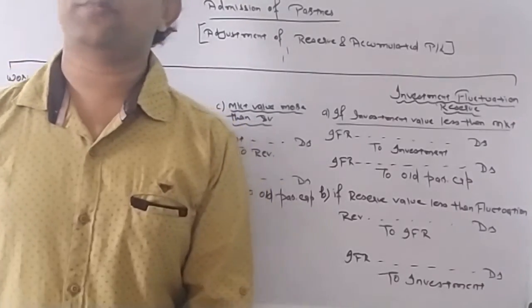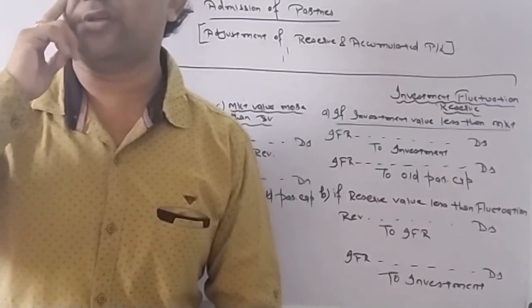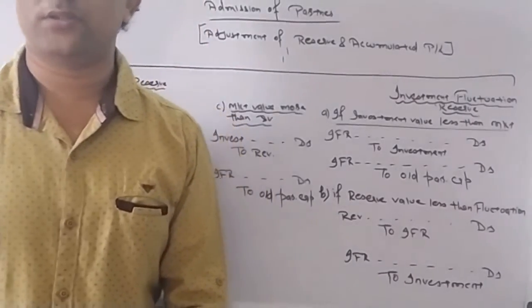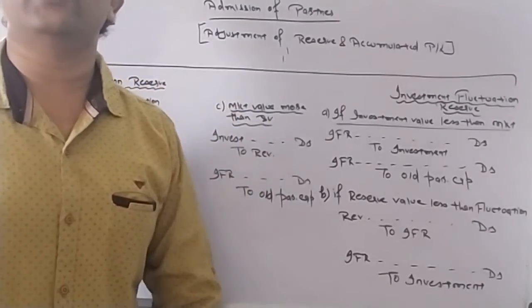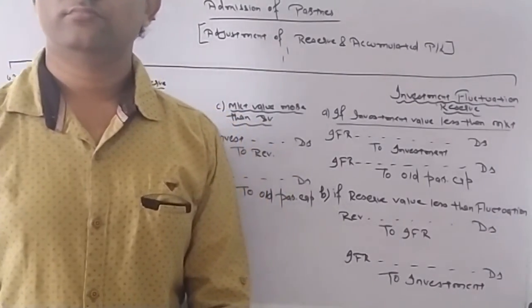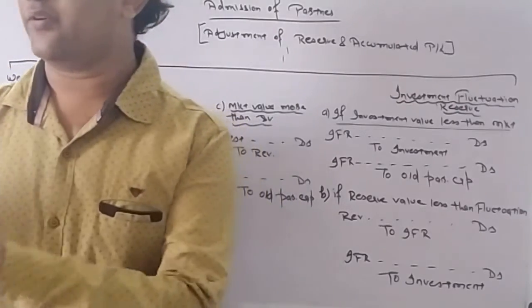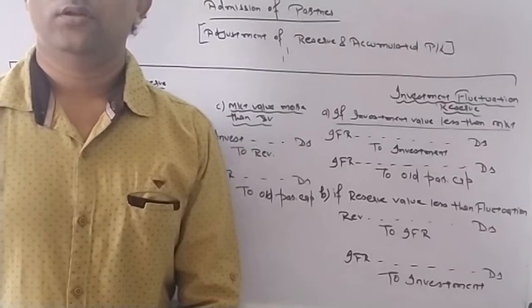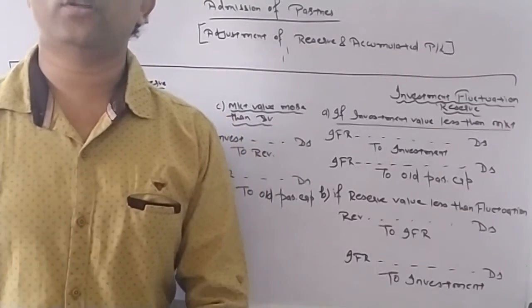But if the market value of the investment is also given in the question, your book value of the investment is 15,000, and the question is giving you the market value of the investment. Let's say the market value is 12,000. I have a reserve of 5,000. My book value of the investment is 15,000 and the market value is 12,000. So I have faced a loss of 3,000 rupees.